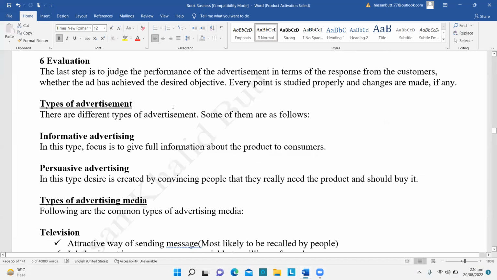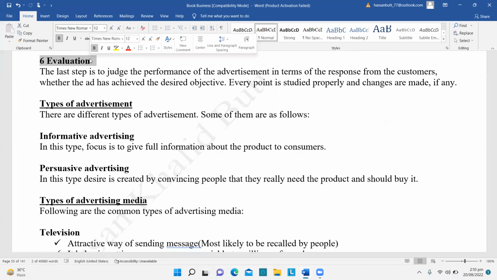Okay, finally, we have evaluation. I told you evaluation means whether you have met the objectives you set for your advertisements or not. And how could you find it out? You could see the response of the people. You could see the pattern of your sales.